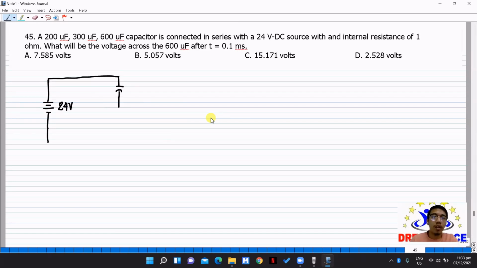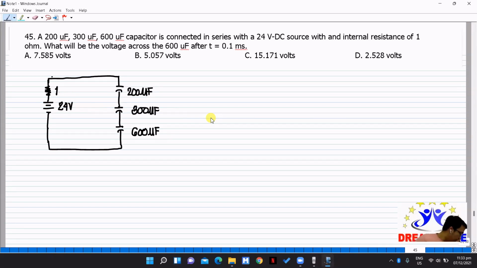So capacitor 1, capacitor 2, capacitor 3. So we have here 200 microfarad, we have 300 microfarad, and we have 600 microfarad. Yung battery pala natin, may internal resistance dito na 1 ohm. So hanapin natin yung voltage across the 600 microfarad.